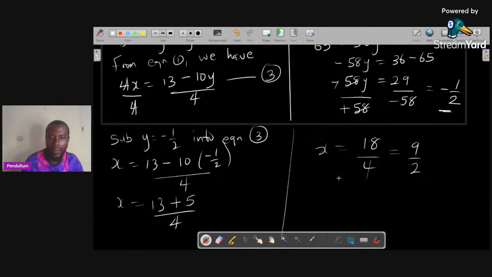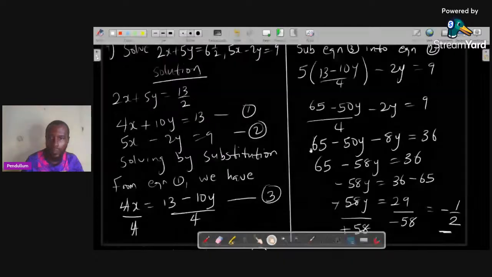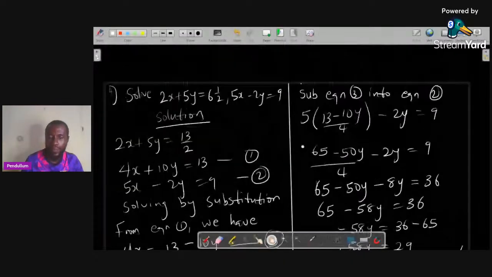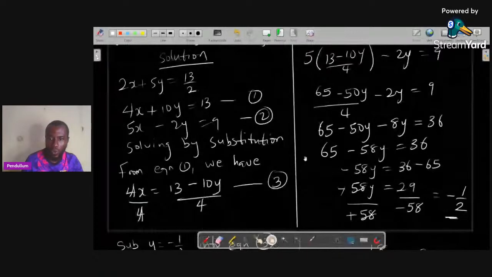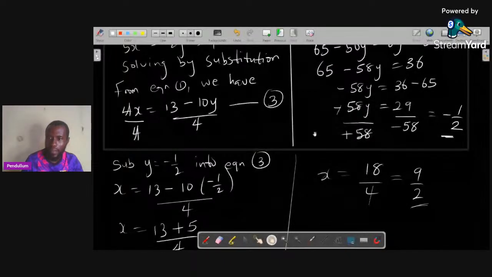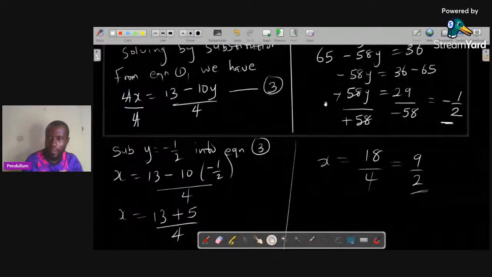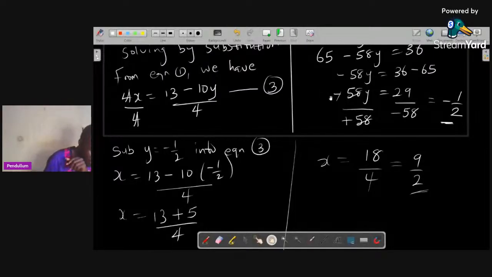Okay, well, I think our value of y is correct because if I remember, the other one was minus 1 over 2, right? In the other equation. But this is how it is solved. There may have been a mistake along the line somewhere. But these are the steps to follow when you're solving simultaneous equations by substitution or by elimination.